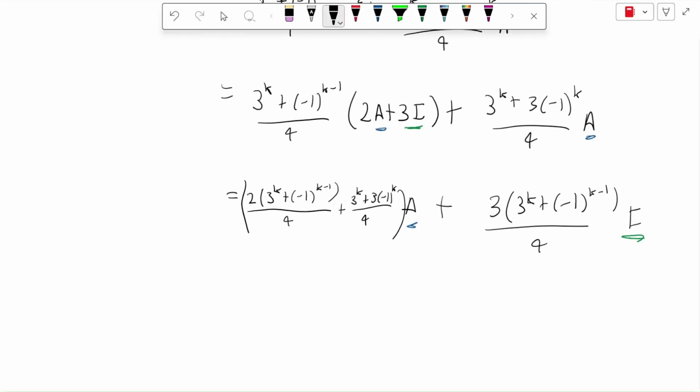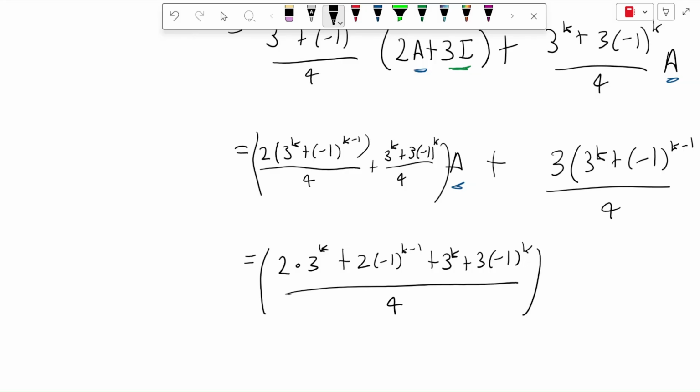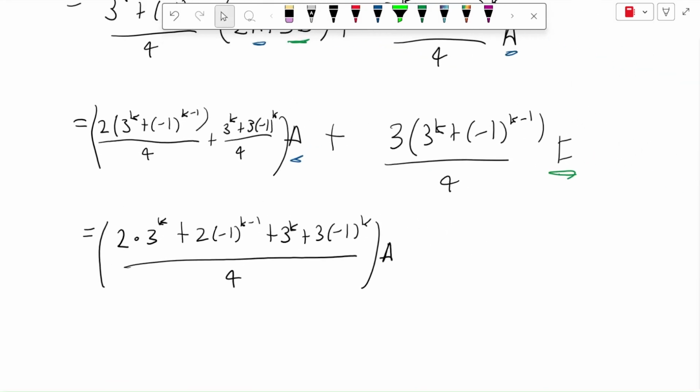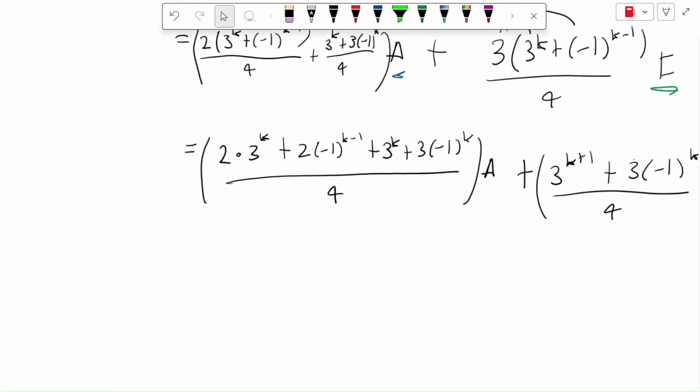All right, let's simplify down. So this will be 2 lots of 3^k plus 2 lots of (-1)^k take 1, plus 3^k plus 3 lots of (-1)^k, all over 4 times A. And then the I term, well, we can FOIL the 3 in. So that's 3^(k+1) on that, plus 3 into (-1)^k take 1, all over 4 times I. Okay, so now we've got to group like terms on the left.